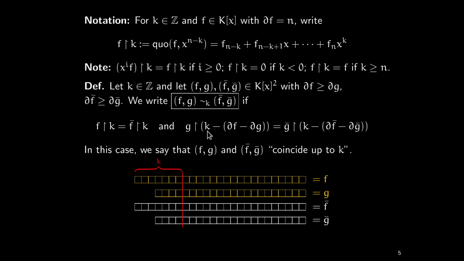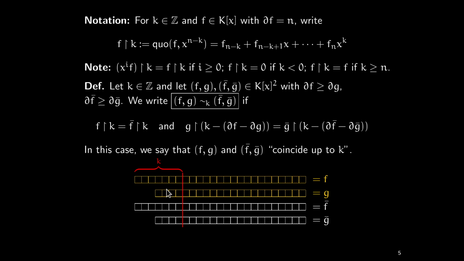To coincide up to k means that the coefficients in this area of f and g are the same as the coefficients of f bar and g bar in this area, and I don't care about the other coefficients. Okay, so the question is now, what happens if I do a division?